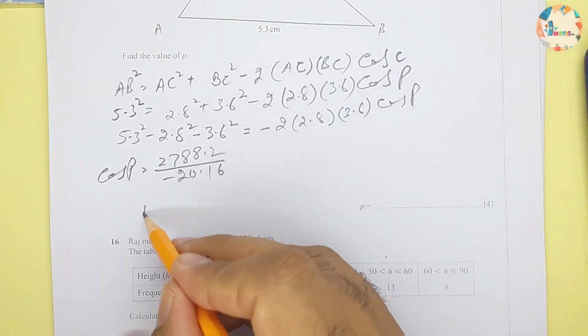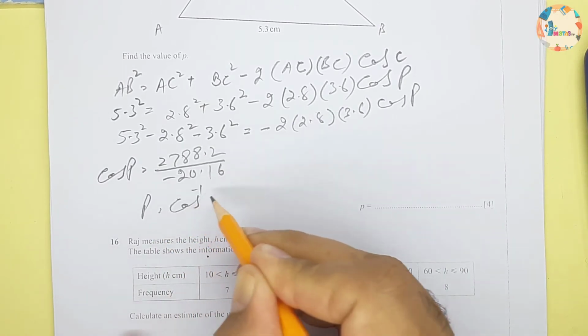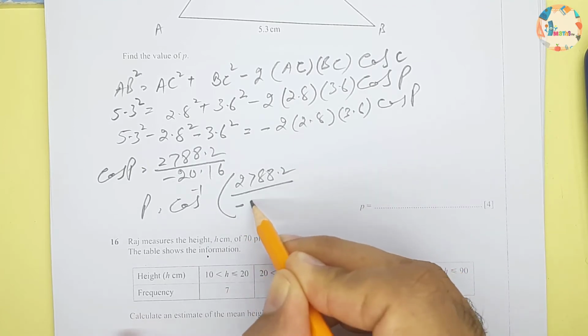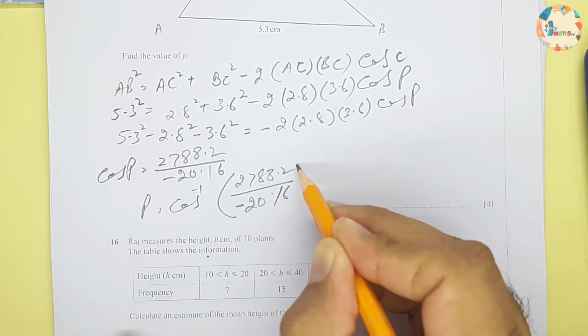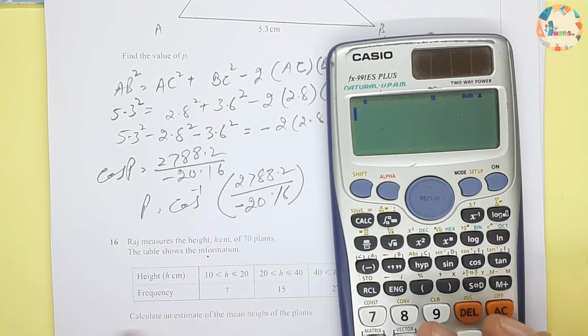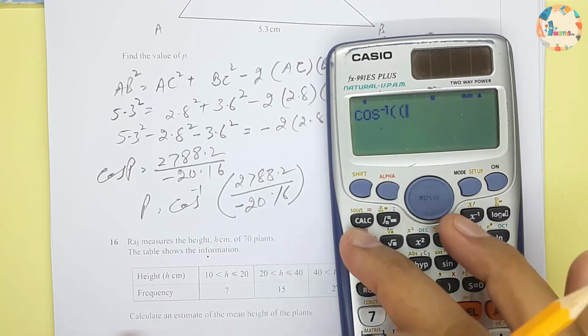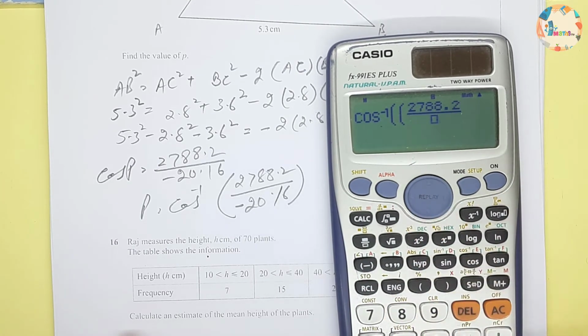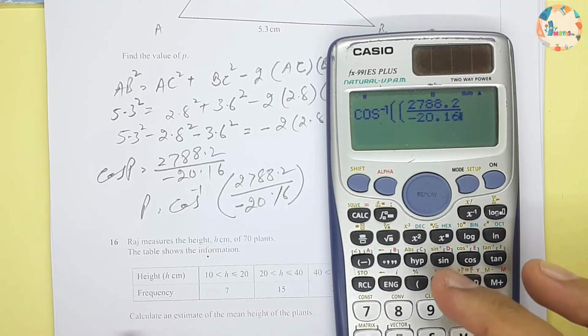p will be equal to cos inverse of 2788.2 over minus 20.16, and this will give us cos inverse of the fraction 2788.2 over minus 20.16.